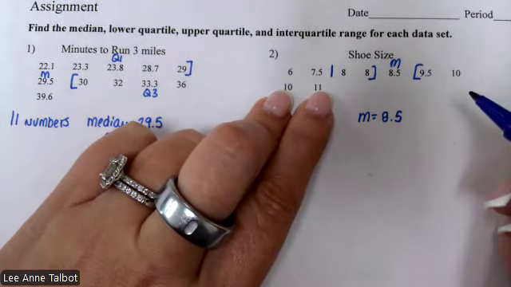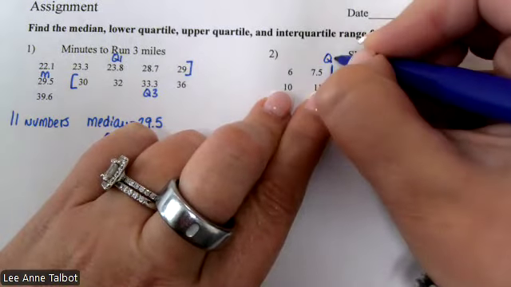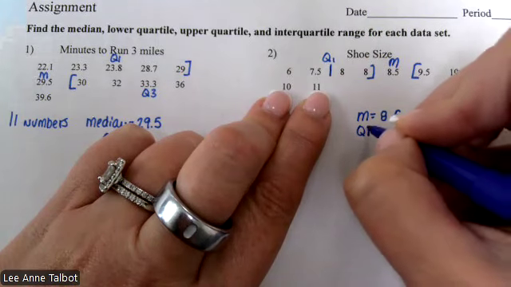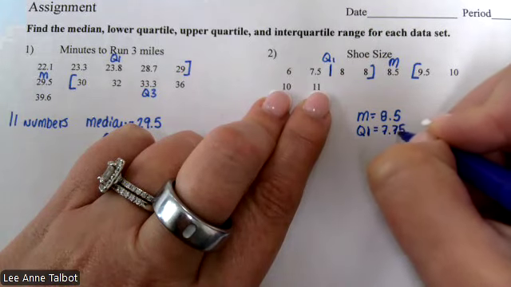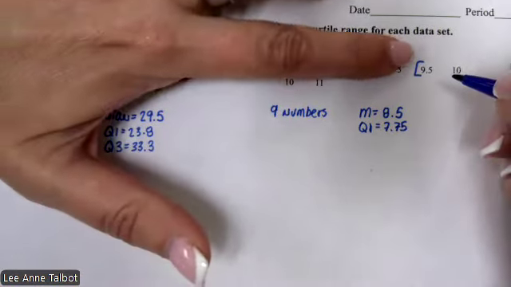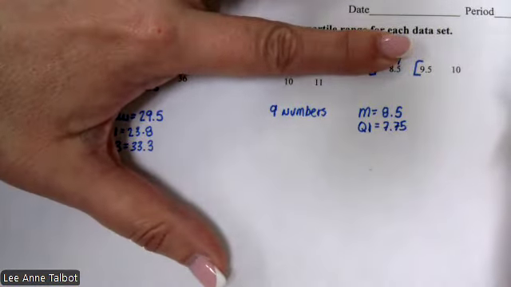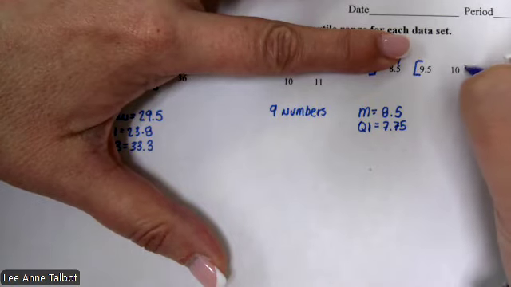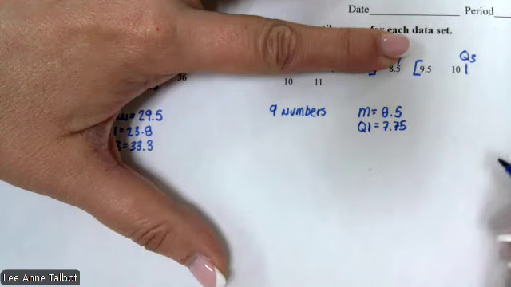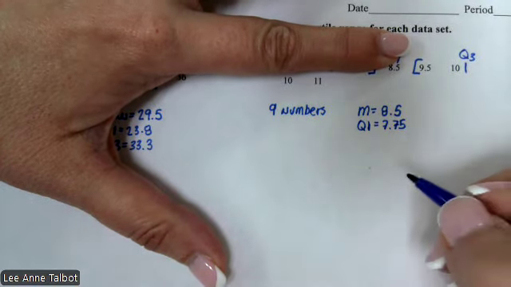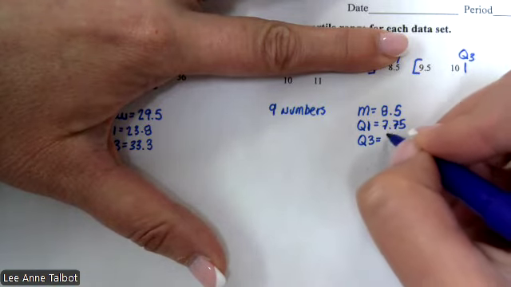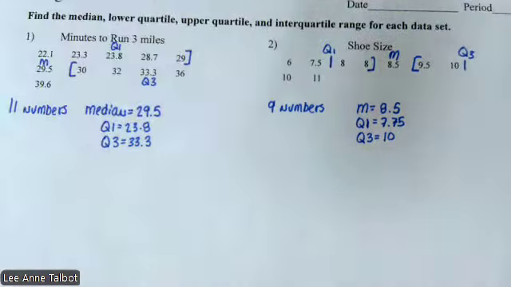And to get the quartile 1 number, you average these 2, which would be 7.75. And then there are 4 numbers above the median, and quartile 3 would be in between the second and third number. They're both 10, so the average of 10 and 10 is 10. So quartile 3 would be 10.